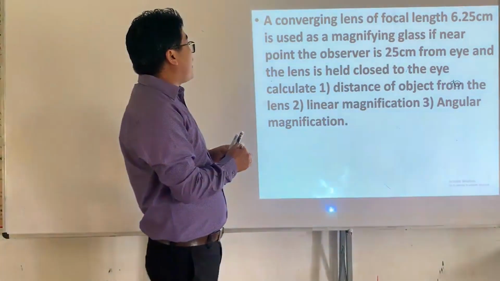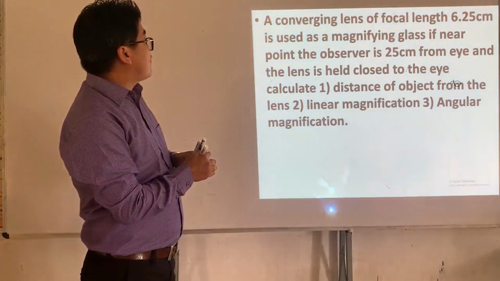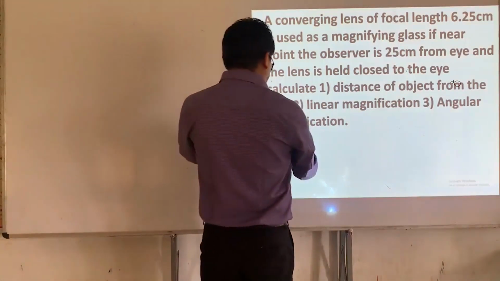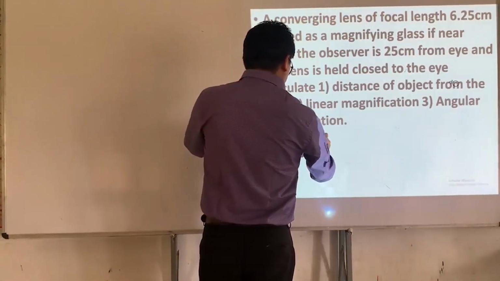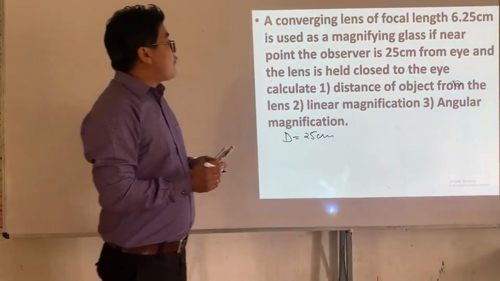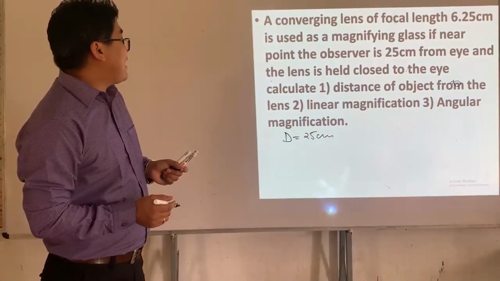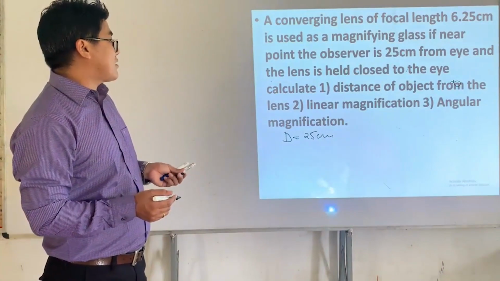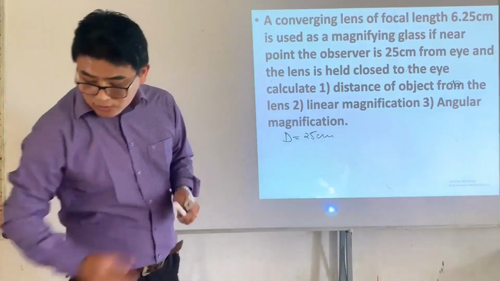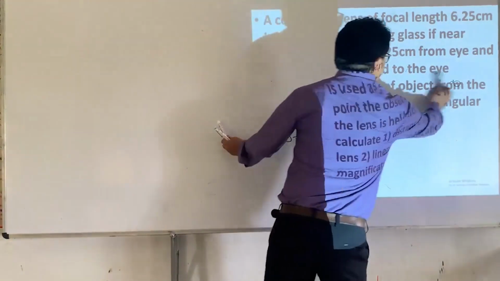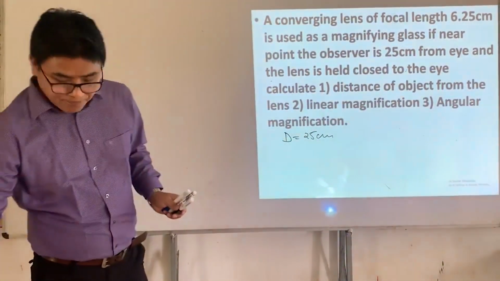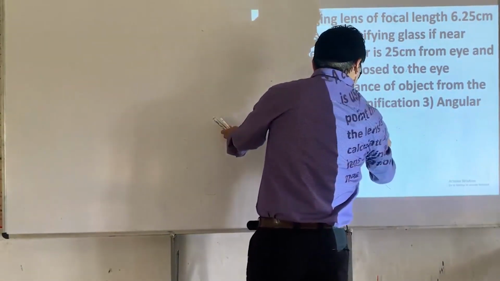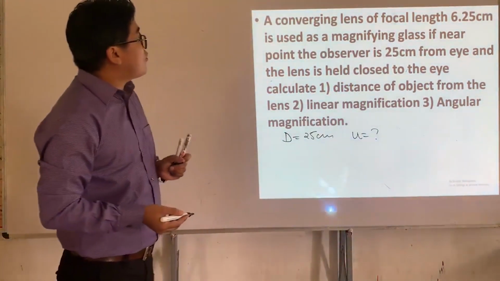The near point of the observer is 25 centimeters from the eye, and the lens is held close to the eye. Calculate the distance from the lens. You are asked to find the distance from the lens. So that means, look at here, you are asked to find out u.